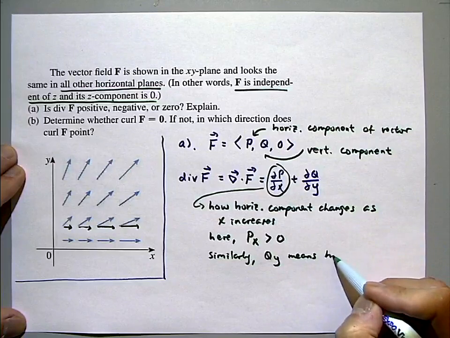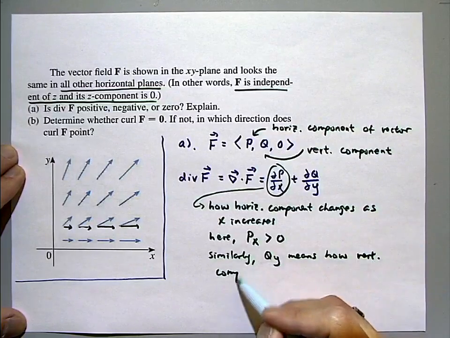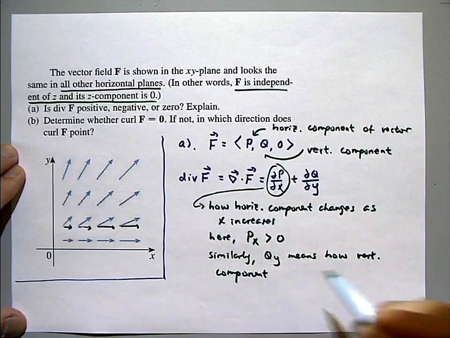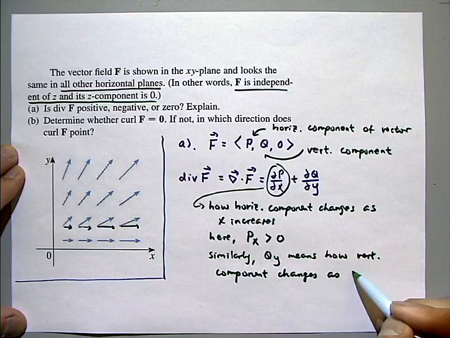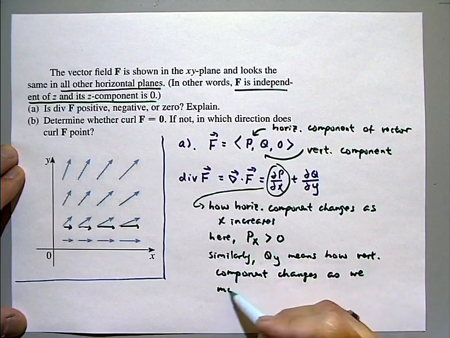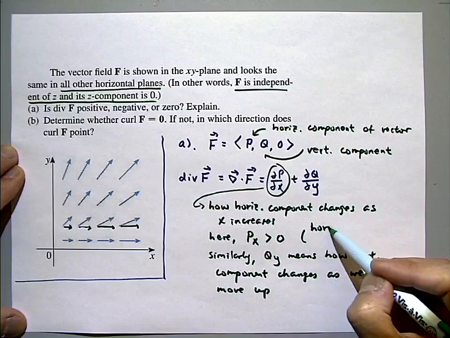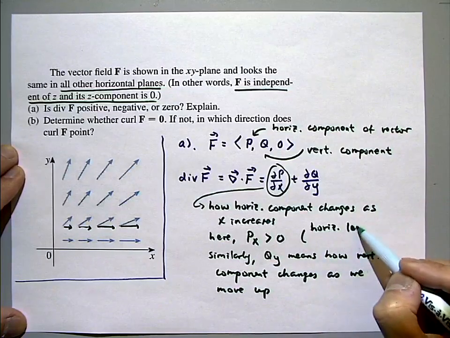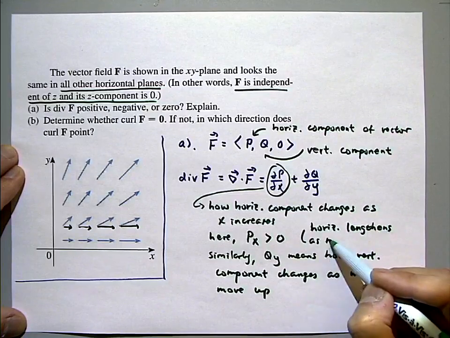Now, similarly for Qy. Qy means how the vertical component changes as we move up.